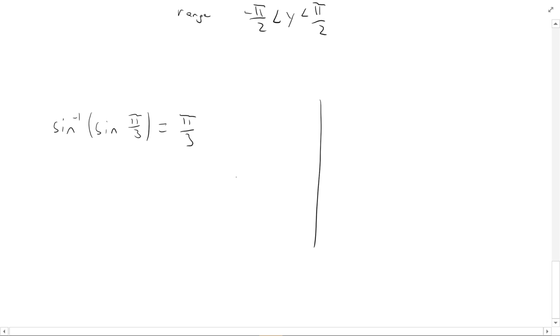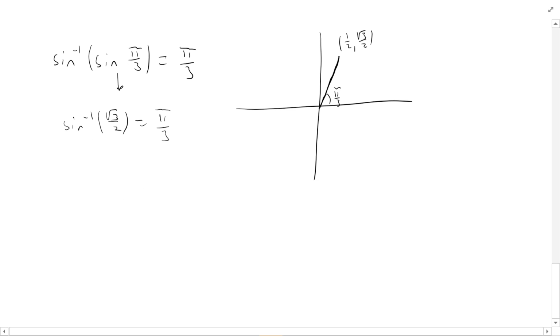Again, let's draw a picture. Pi over 3 is this angle right here. So I look at that and I say, well, that's 1/2, root 3 over 2. So the inside there gives me sine inverse of root 3 over 2. And now I say, what angle gives me root 3 over 2? Well, pi over 3.